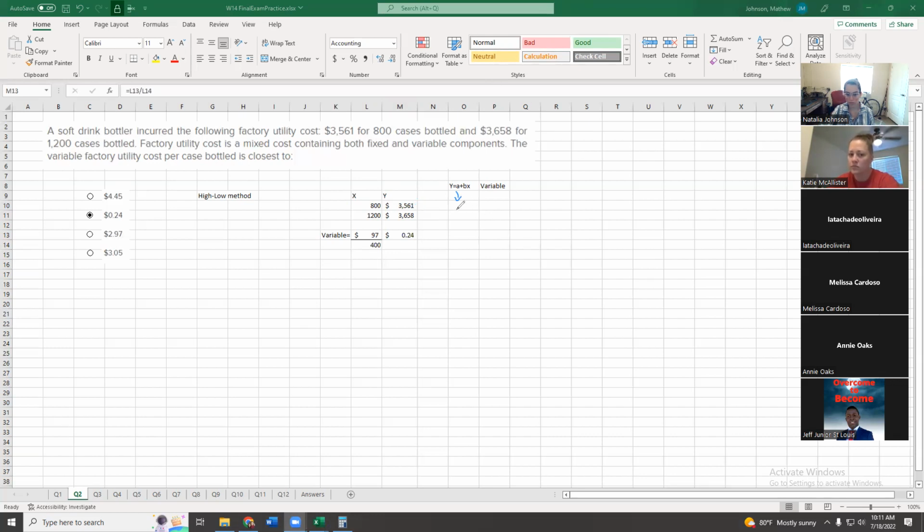I like to use the low because it might be easier. 3,561 equals A, because we don't know, plus B that we found, 0.24, times X. If we use this one, we have to use the same X, so 800.